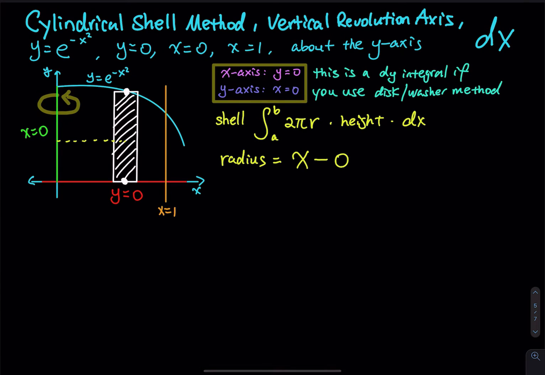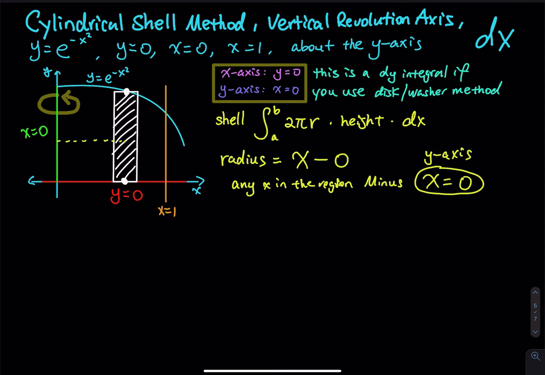What does that mean? That is any x in the region minus, what is the 0 stands for? That is x equals 0. In other words, that is the y-axis, right? So y-axis, and that is the radius.